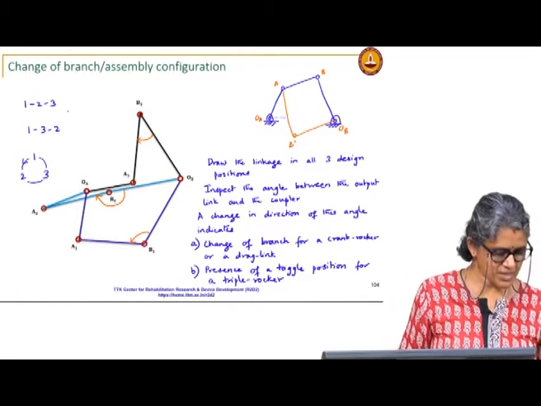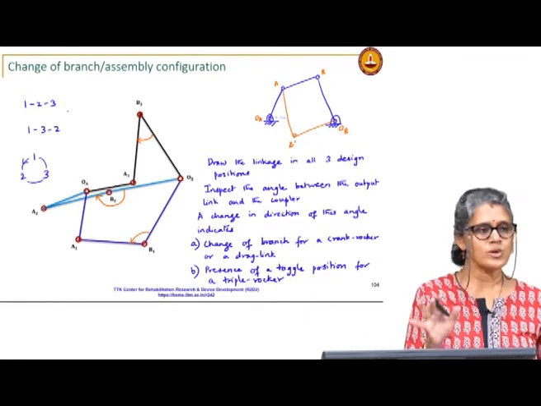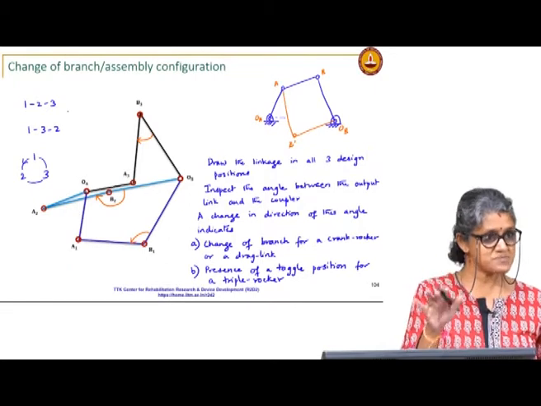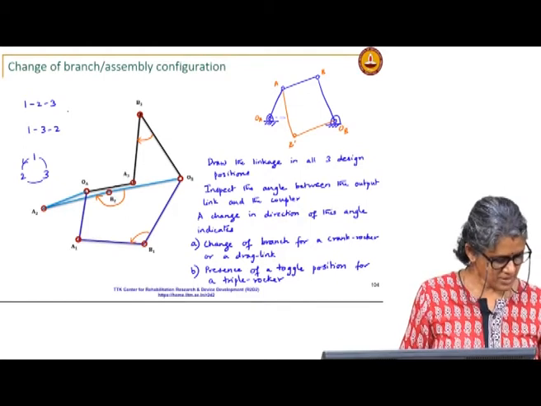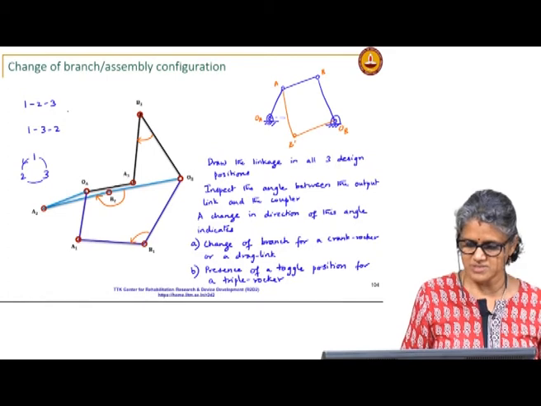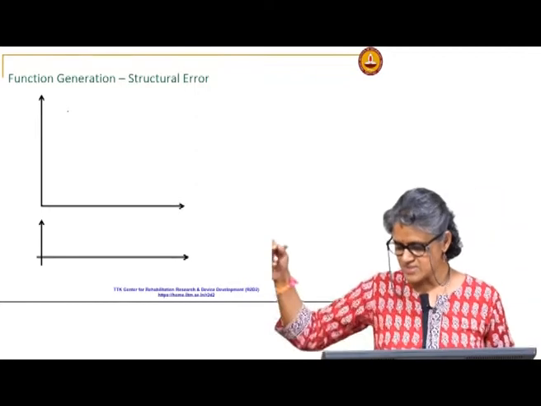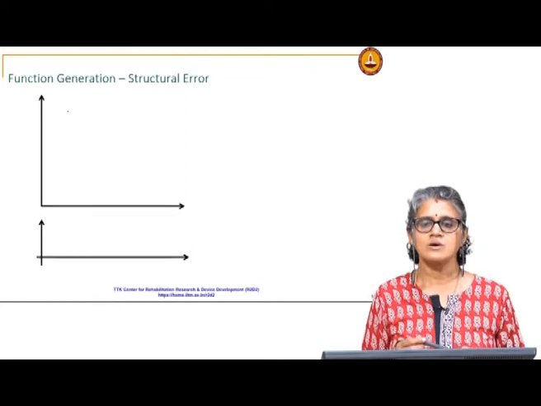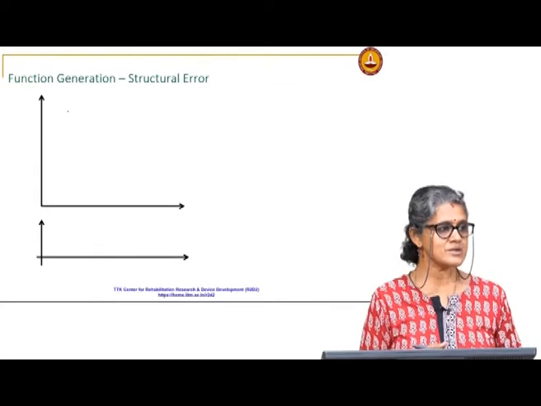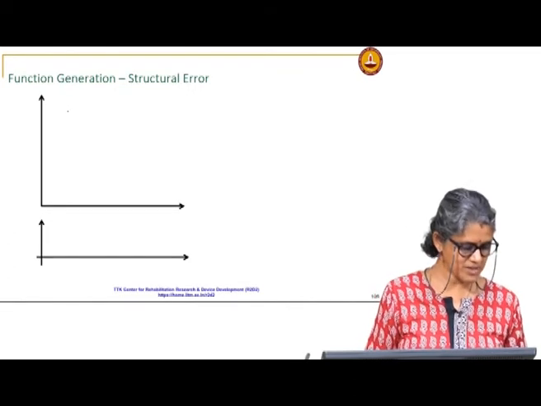So, these are some of the problems that we encounter because our synthesis is wholly based on specific positions and not on the behavior in between those positions. You will find that even with the analytical methods, in many cases we will encounter the same thing, but once you code the analytical methods, you have more flexibility to cycle through a number of solutions as opposed to the graphical methods.